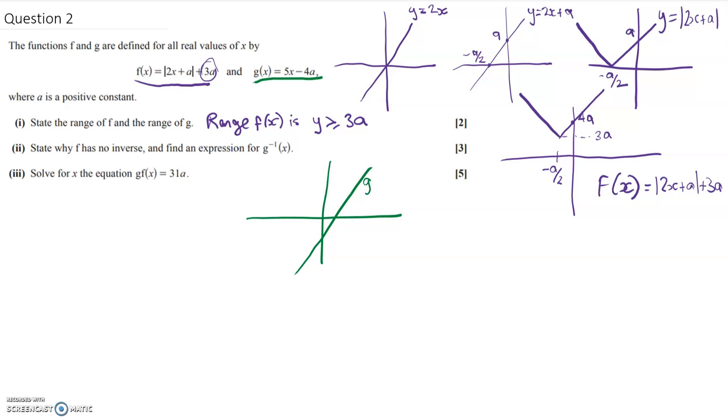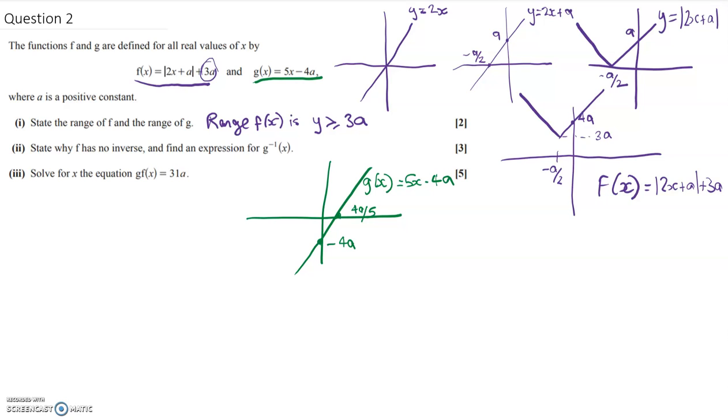So it would be steeper than the other one that I drew. It would cut over here at minus 4a, and it would cut on the x-axis when y equals 0, so that gives you 4a over 5. Right, so that is 5x minus 4a.